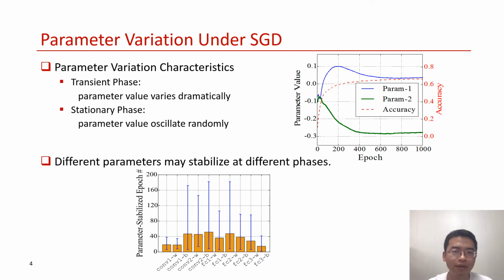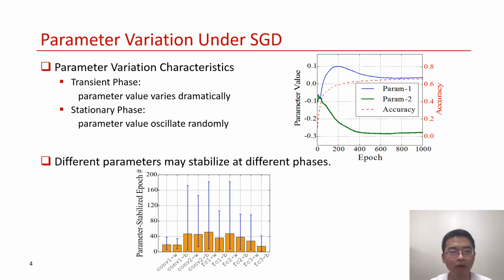When a parameter stabilizes in the stationary phase, its gradients are mostly random noise, and this is actually a waste of network bandwidth. We have confirmed that both theoretically and experimentally. In the right figure, we randomly sampled two parameters when training the LeNet5 model on the CIFAR-10 dataset, and the values gradually stabilize when the model approaches the best accuracy.